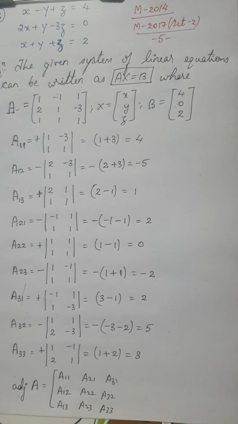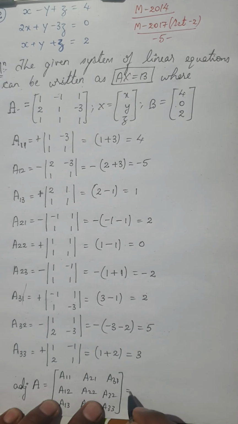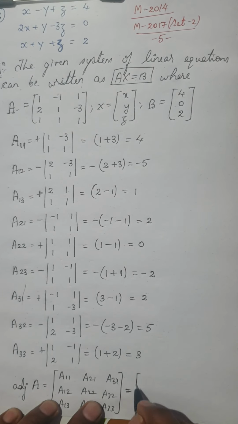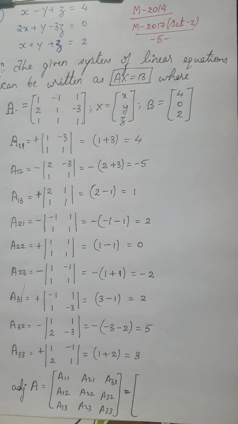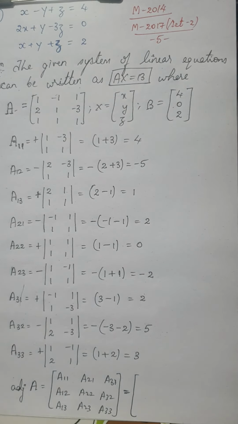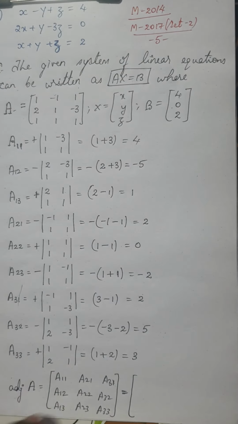Is it clear? So this is how you can directly write the adjoint of A. Remember, it will take you time to write the cofactor matrix and then write the adjoint. Then you need not write the cofactor, you can directly take the adjoint. But remember, if you have to directly take the adjoint, write it column wise first.